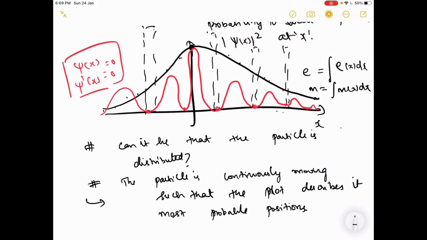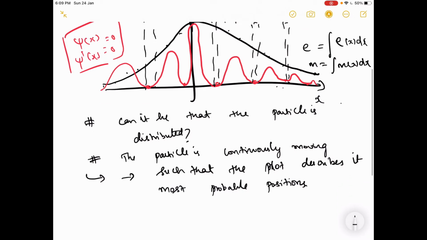So if we talk about this solution or this idea that you have a particle which is moving around, but the probability of finding the particle in these places is what the wave function actually tells you, again, we land up at a problem, right? So we have infinitely big potentials.